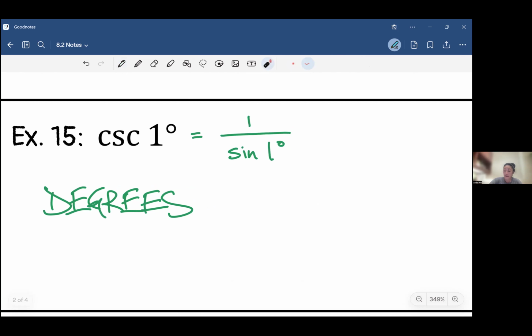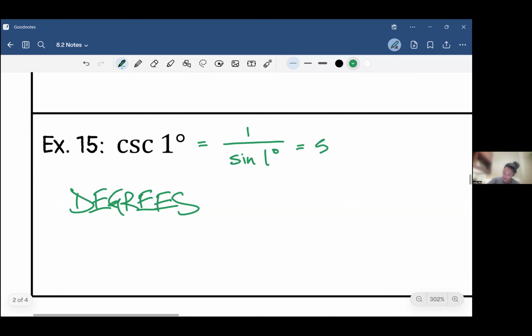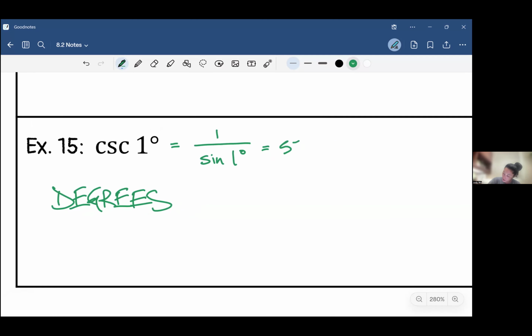In a lot of calculators, this is how you have to type it in, like 1 divided by sine of whatever you want. And when you do that, you should get 57.299. Okay.